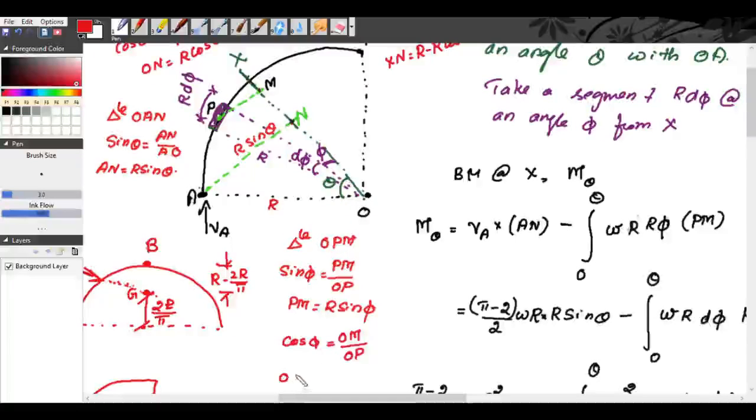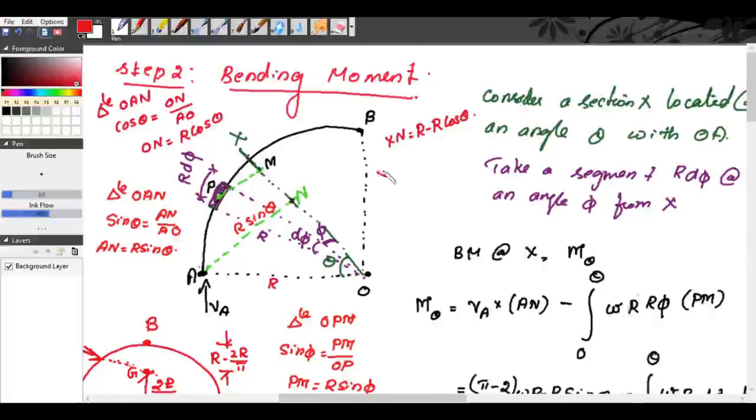So you get OM is equal to R cos phi. So what is XM? R minus R cos phi. So XM is equal to R minus R cos phi. These two things are what is needed for twisting moment. So twisting moment is equal to VA multiplied by XN minus W into R d phi multiplied by XM.